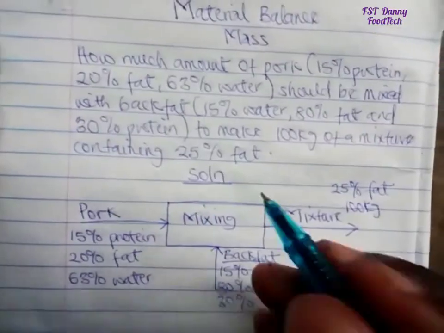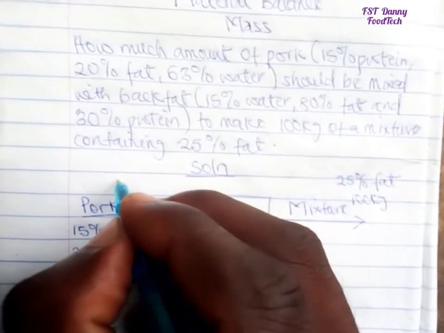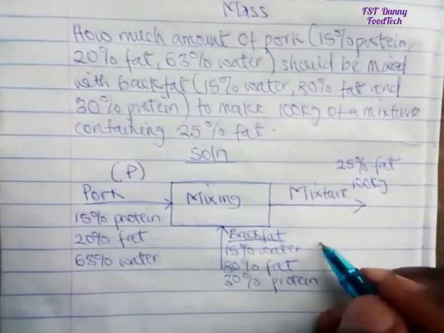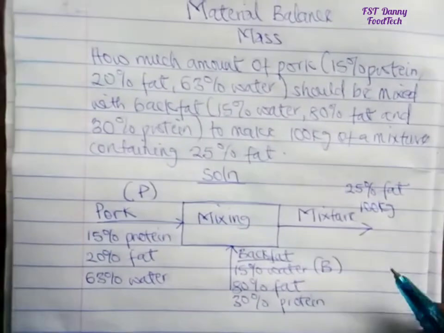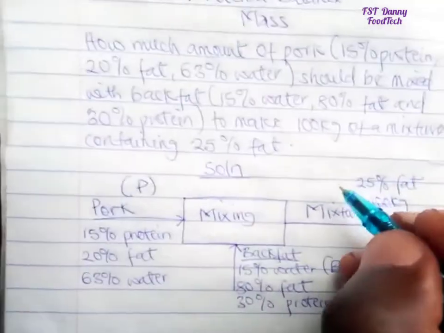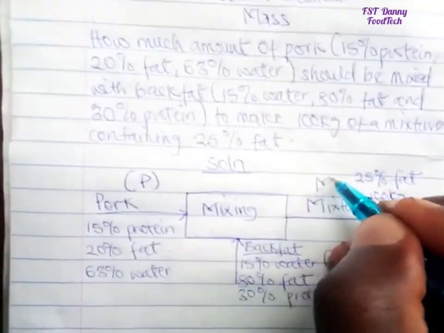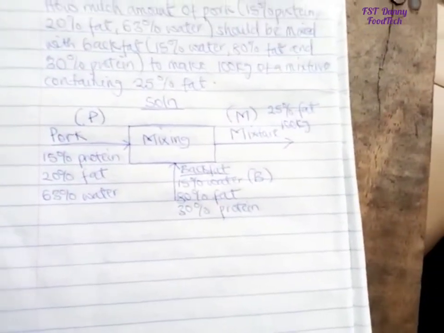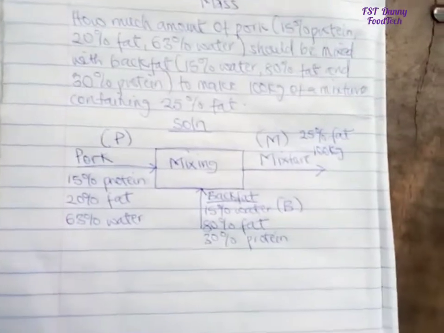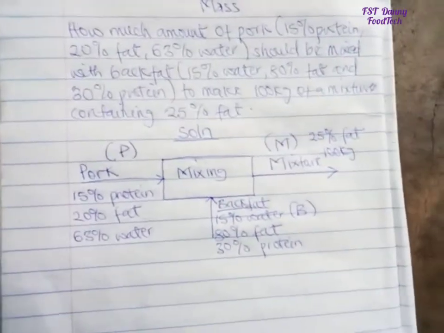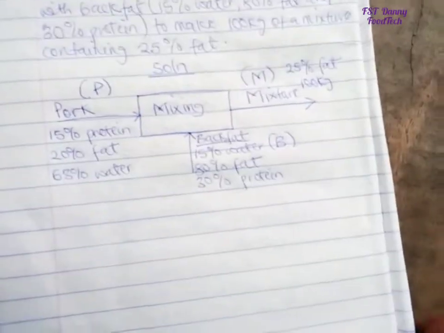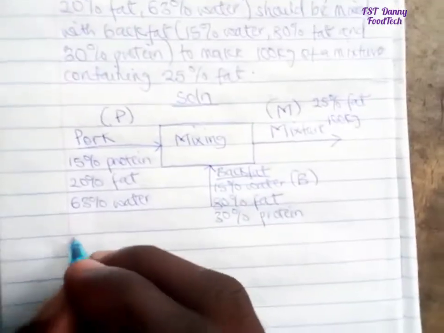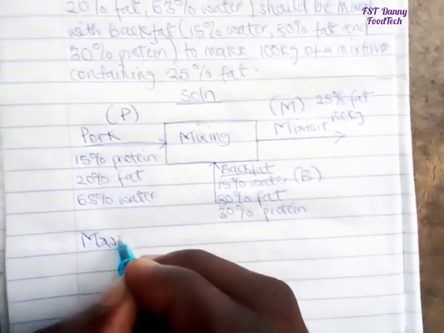So first what we do is we designate pork with P, backfat with B, and then the mixture with M. Alright, so now the next thing we will do is we write our mass balance equation.